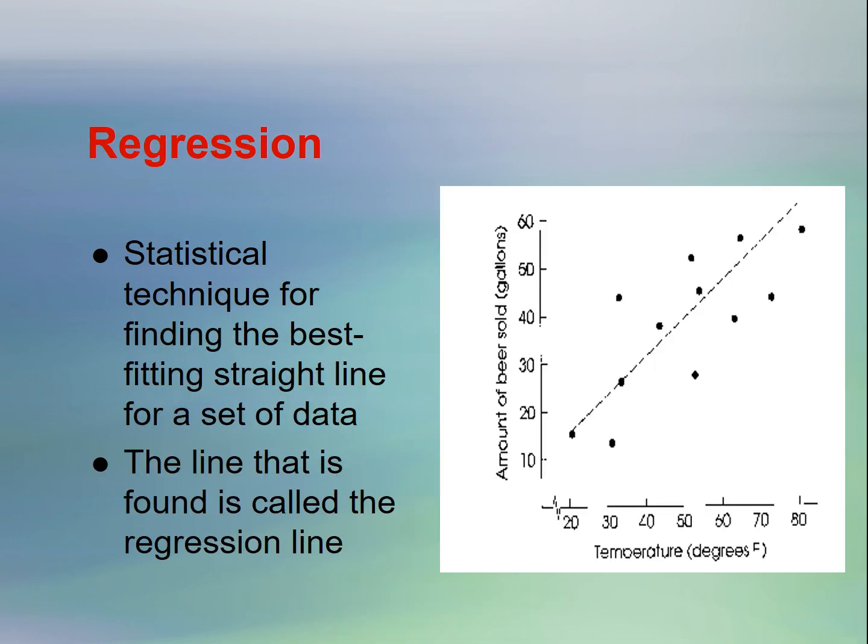Prediction is based on correlation. The higher the relationship between two variables, the more accurately you can predict one from the other. Oftentimes we use correlation, and now we use regression, to predict something. For example, GRE scores are used to predict success in graduate studies.